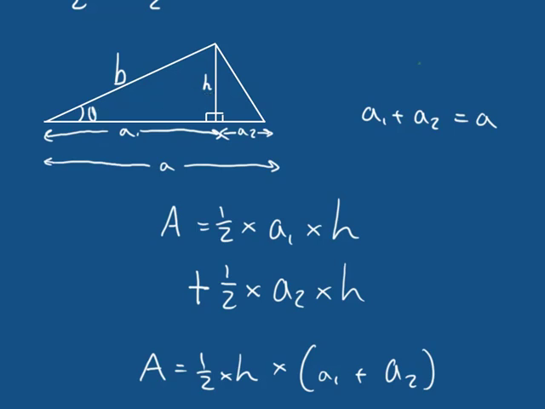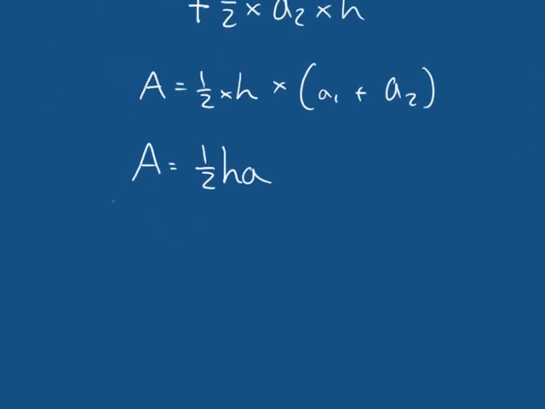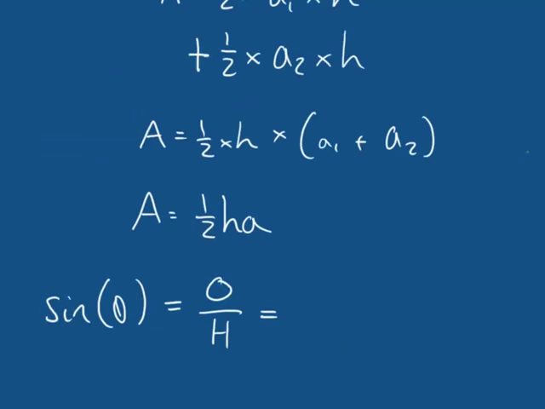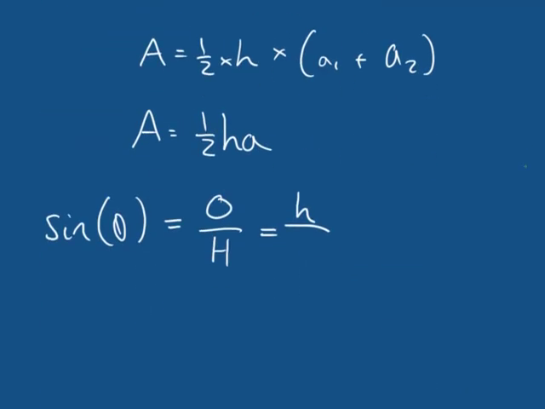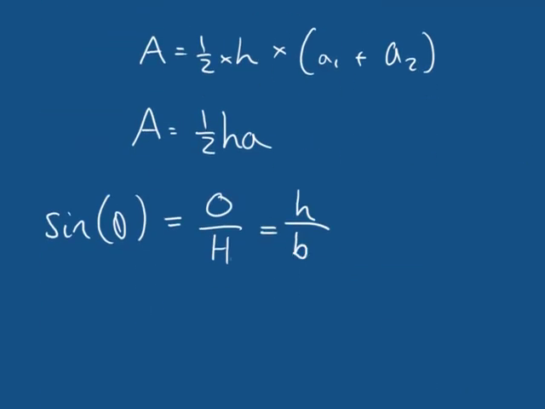So we're dealing with the hypotenuse and the opposite. That means we're dealing with sine. So sine of our angle theta is equal to the opposite over the hypotenuse. Our opposite is h, in this case lowercase h, and the hypotenuse is B. So the sine of theta is equal to h over B.